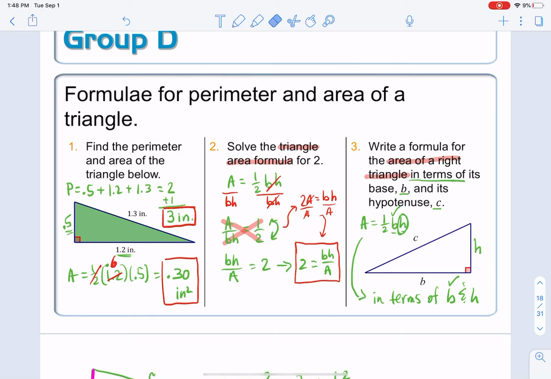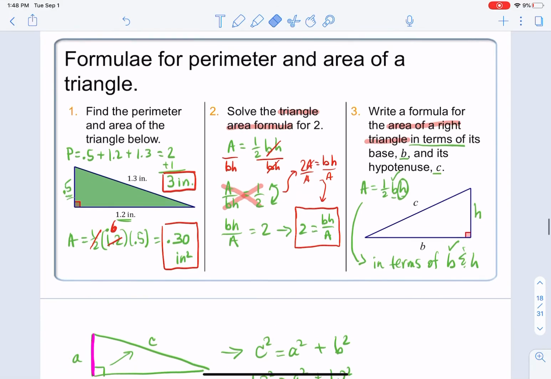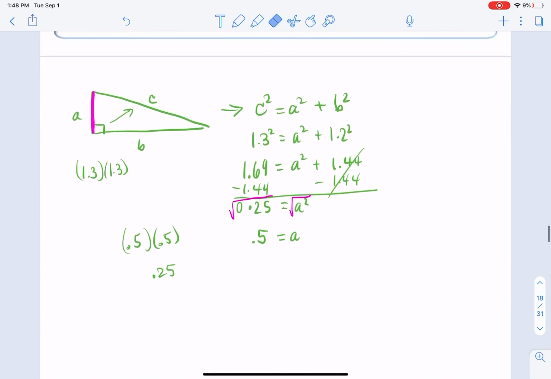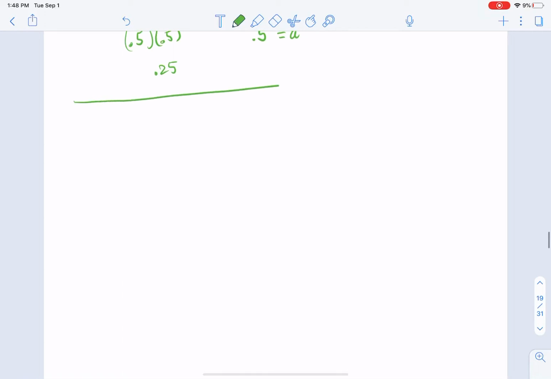Okay, anyway, so I'm going to get rid of the A because we're going to use it in terms of this B, this H, and this C. And I'm going to write the Pythagorean Theorem for that right triangle and use that with some substitution. So I am going to skip down here a little bit and get a little bit more room because I'm going to need it. Definitely going to.